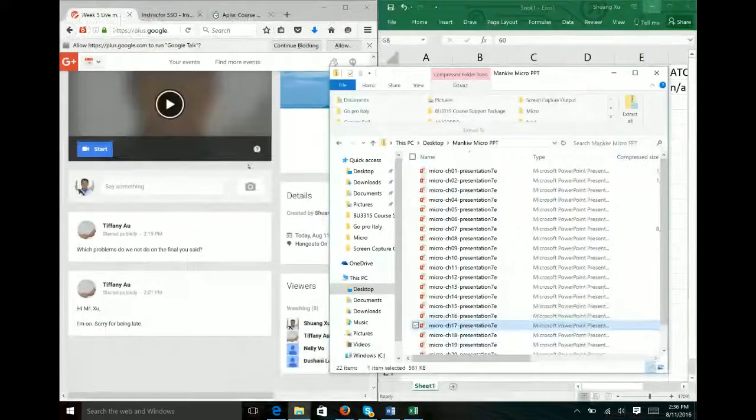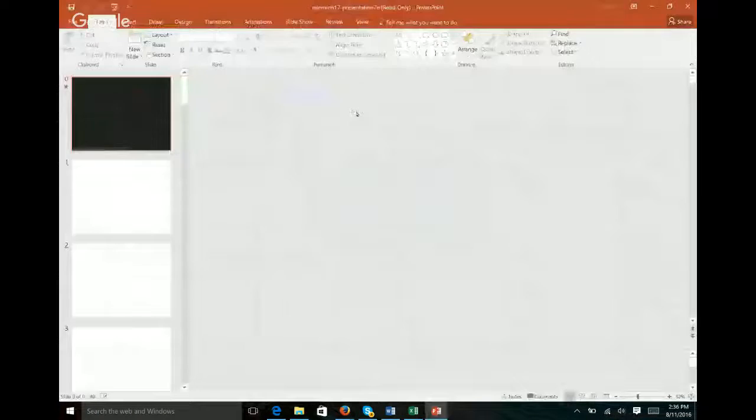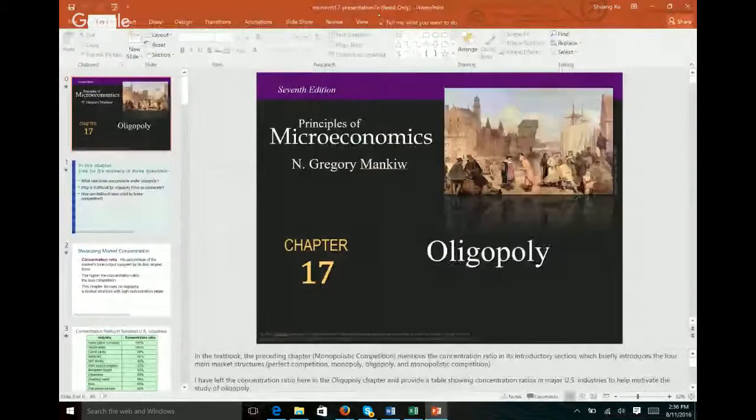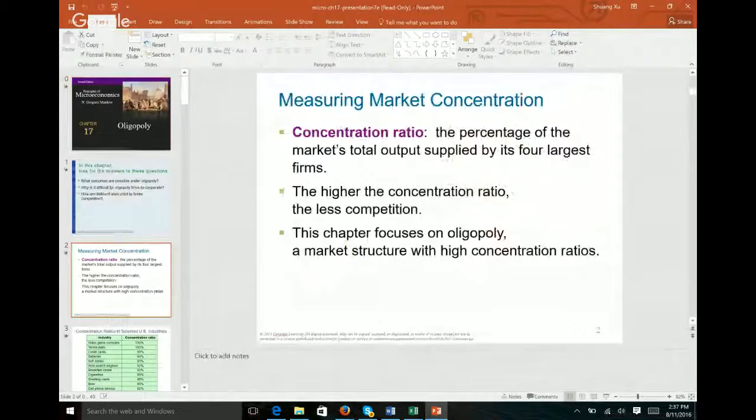And then next, finally, let's look at chapter 17. Chapter 17 is on the market for what's called oligopoly. Now, first, know what a concentration ratio is. The concentration ratio is the percentage of total market output supplied by its four largest companies.